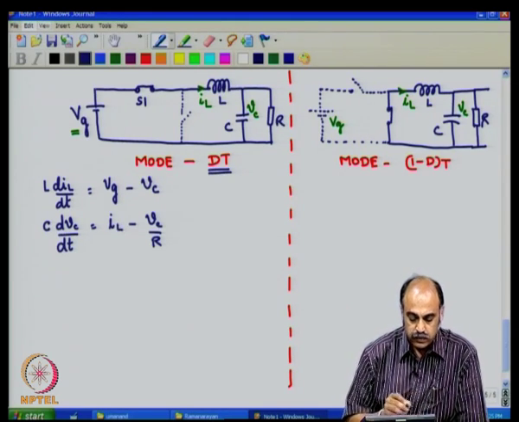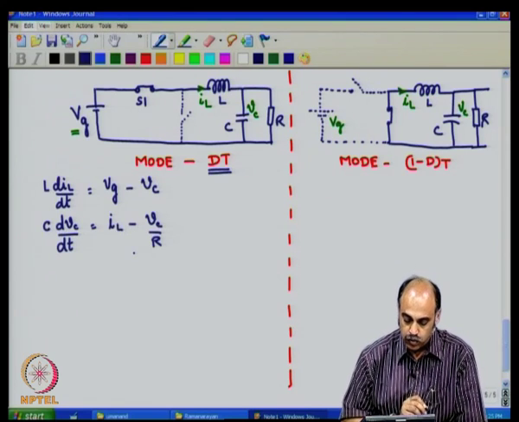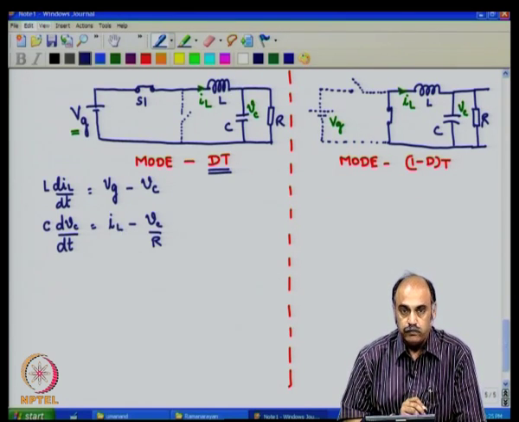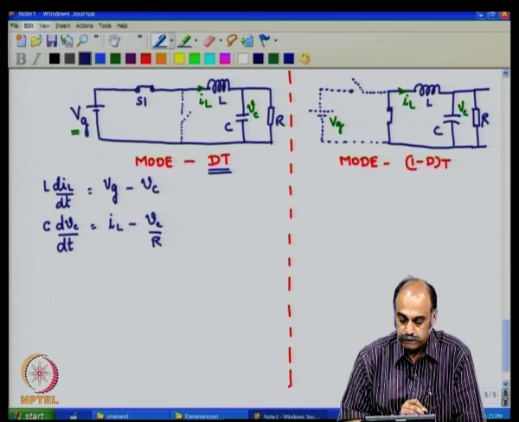Now, these are the two equations in mode dt when the switch S1 is on.